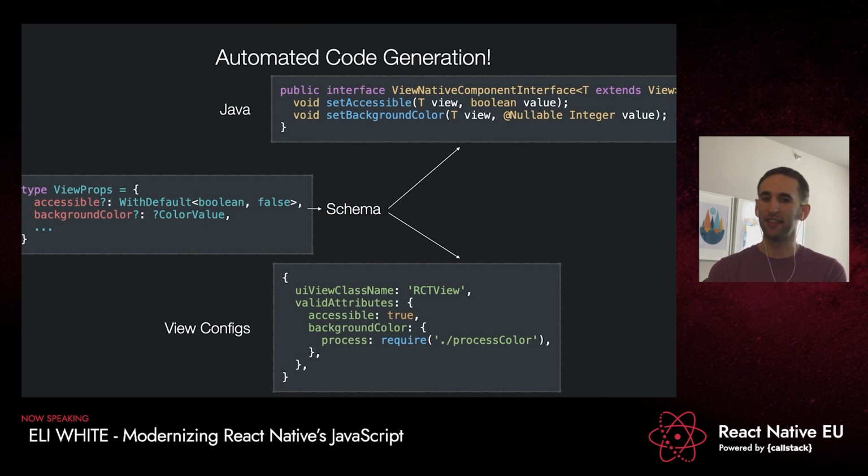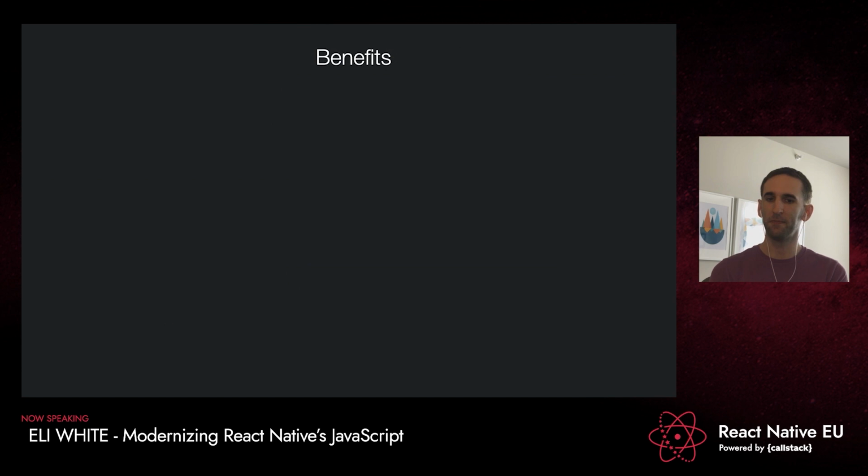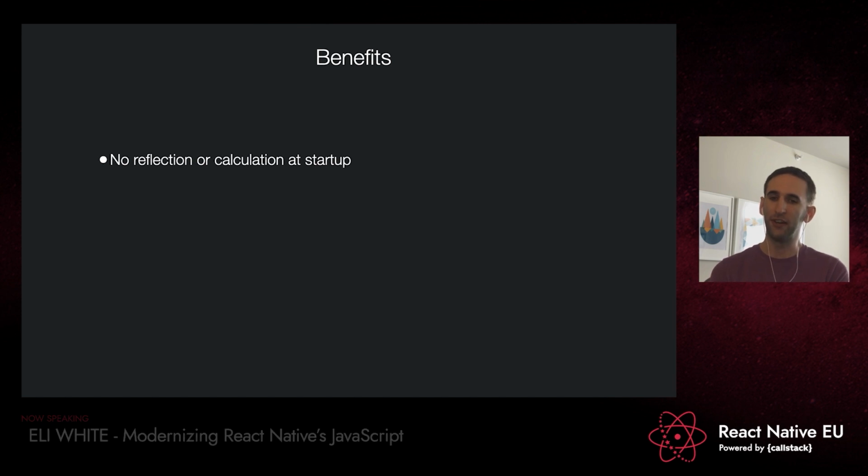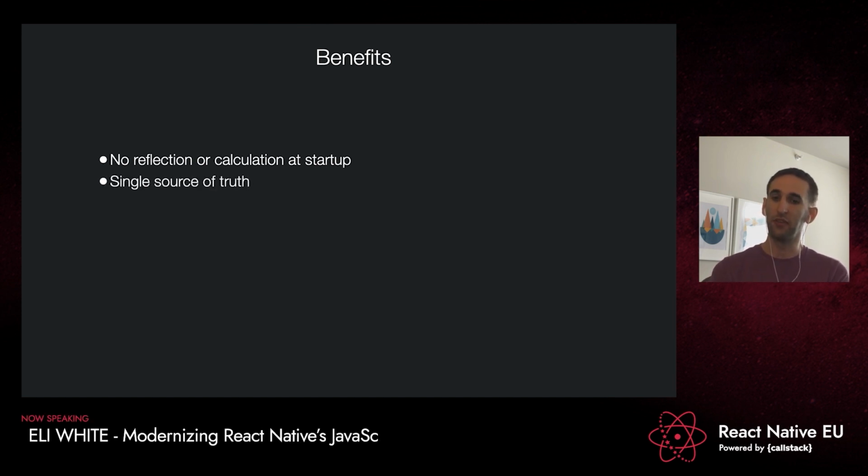And one of the great things about this is that it makes sure that our types in JavaScript are consistent throughout the whole system. So there's no more reflection or any calculation at startup. As I said, we're doing this all at build time. We have a single source of truth in JavaScript that ensures that our whole system is consistent and we have the same types all the way through.